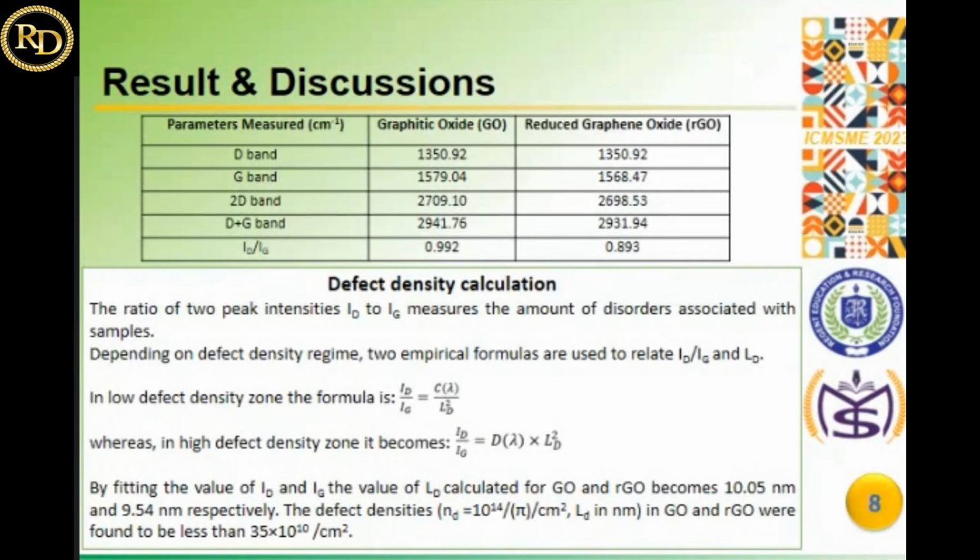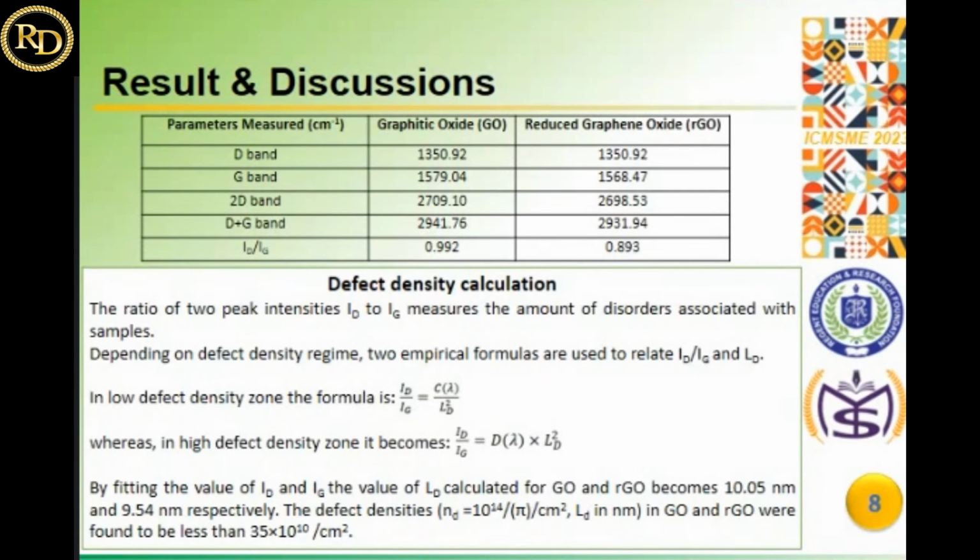As we can see from the slide, depending on the defect density, two empirical formulas we can write, which relate the intensity of D and G with LD. What is LD?